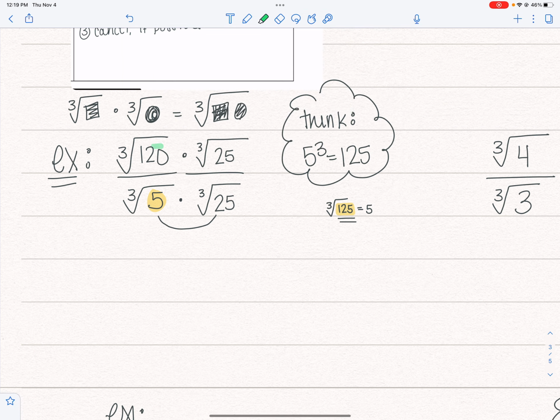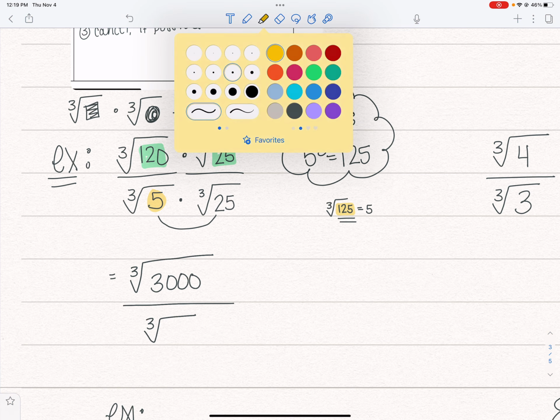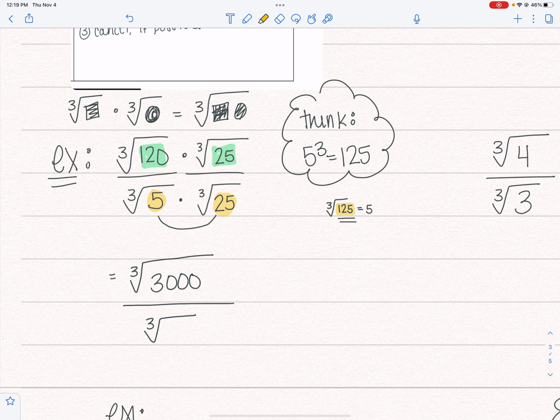The cubed root of 120 times 25: I multiply those and get the cubed root of 3,000, divided by the cubed root of 5 times 25, which we said was 125.